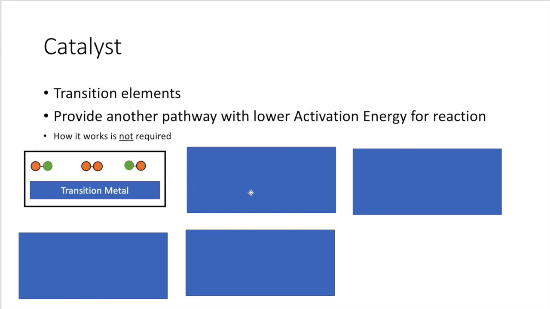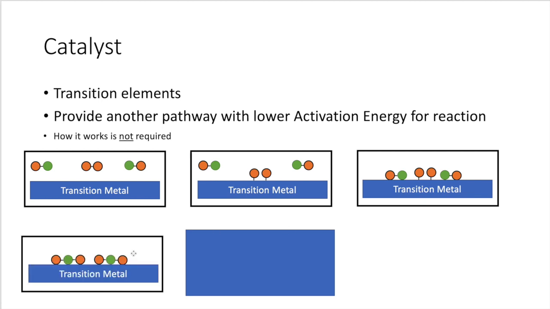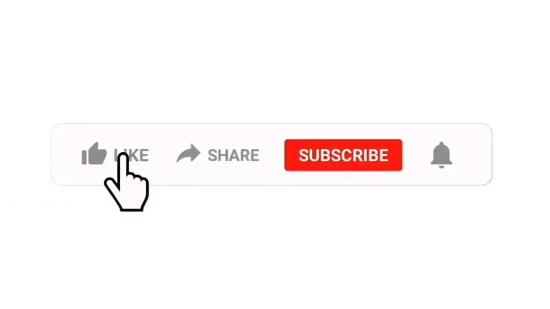This provides an alternative pathway of reaction with lower activation energy. So catalysts will speed up the rate of reaction without themselves being chemically changed. For a catalyzed reaction, the amount of reactants and products will remain the same, just that it's faster, with lower activation energy.